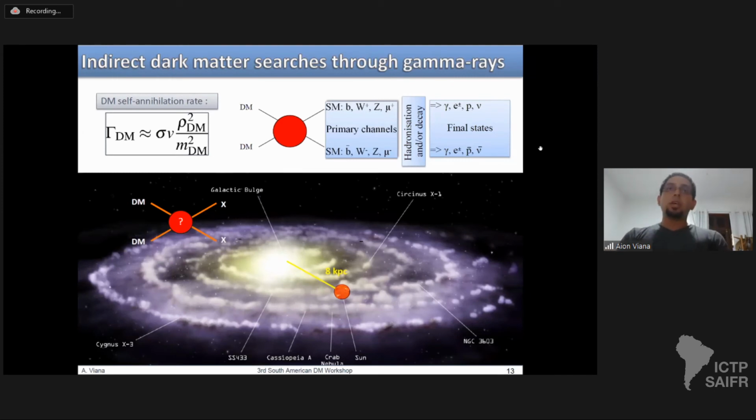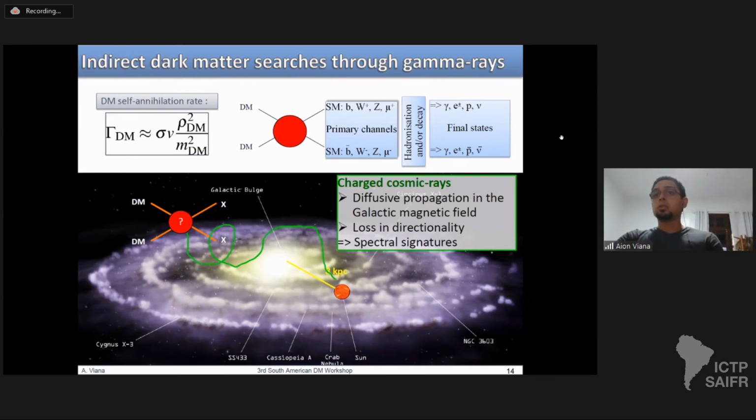Now, we already talked about indirect dark matter searches through gamma rays. I will go very quickly over the principles. If we have dark matter self-annihilating with a rate which is proportional to the cross-section, the square density, and 1 over the square mass, this dark matter particle will annihilate, produce some primary channels, and these will hadronize or decay into final channels, which are charged particles or gamma rays and neutrinos.